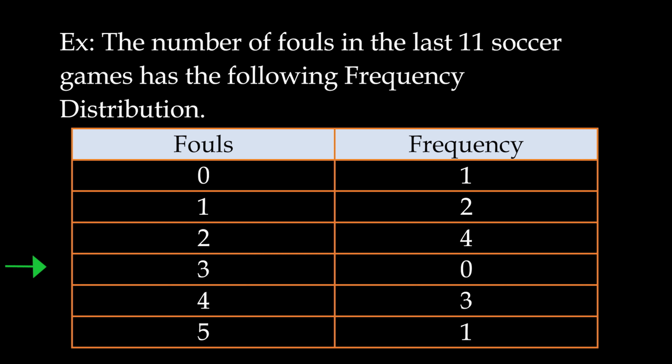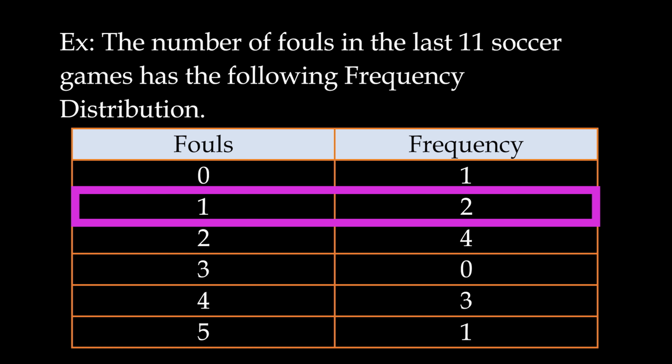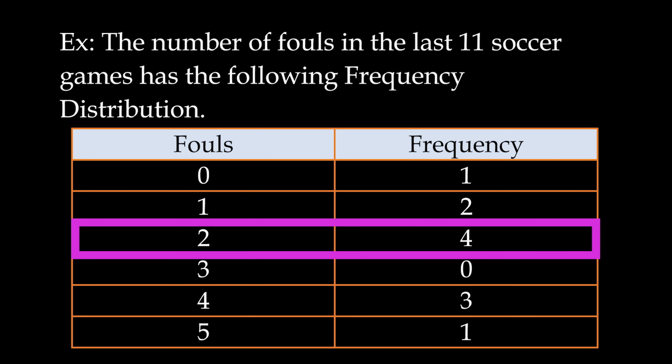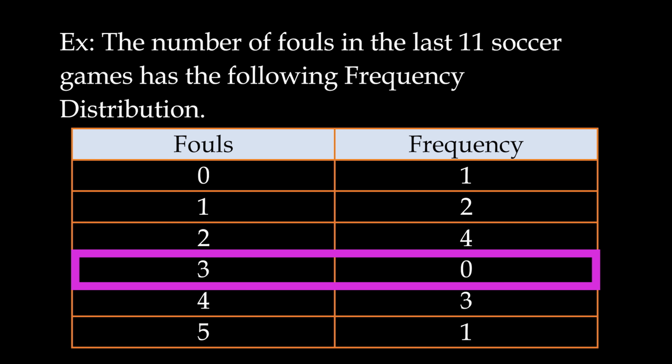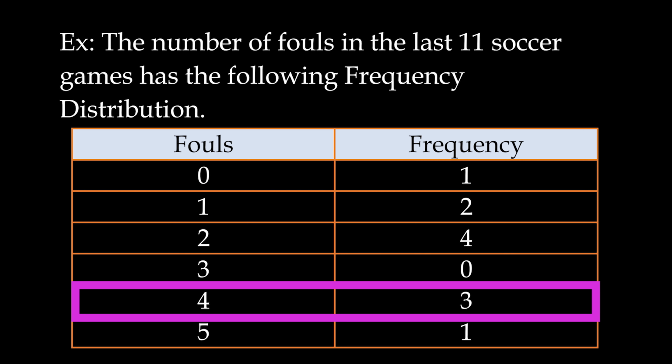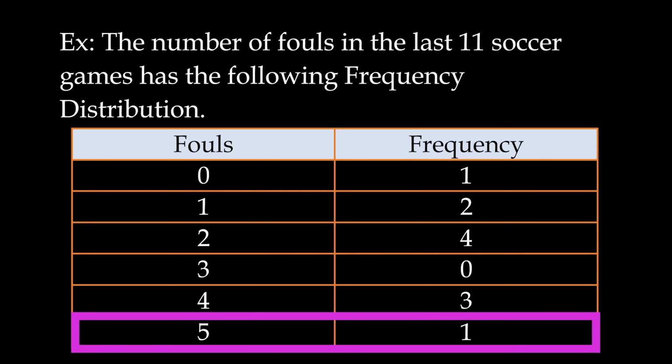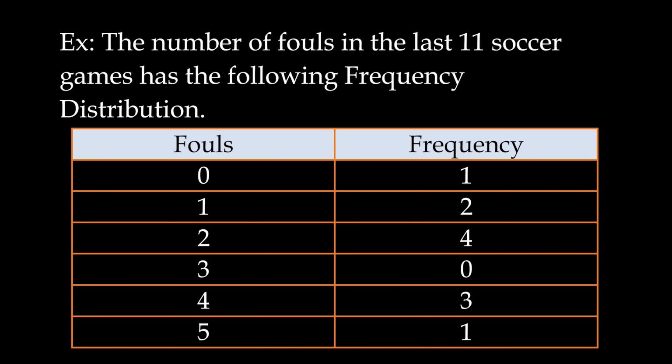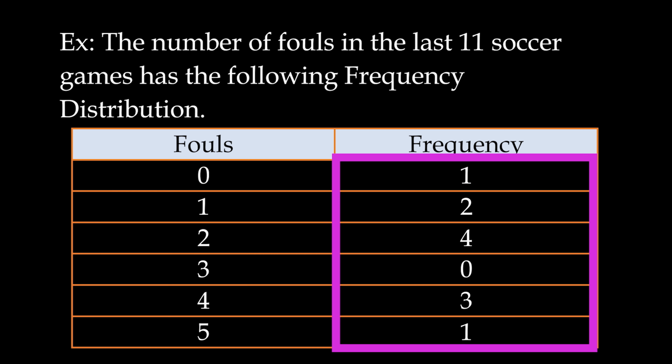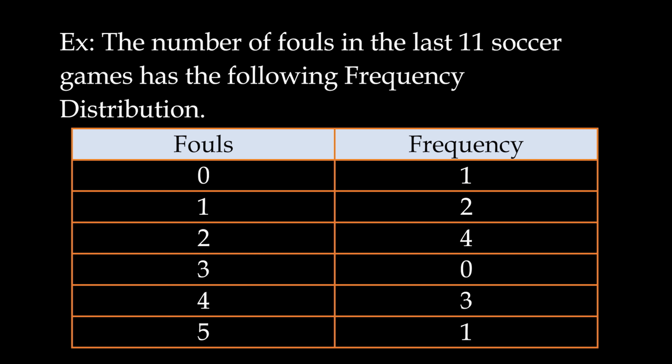If we read the chart, it says that 1 game had 0 fouls, 2 games had 1 foul, 4 games had 2 fouls, 0 games had 3 fouls, 3 games had 4 fouls, and 1 game had 5 fouls. Though the number of games was given in the question, we could also figure it out by adding up the frequencies. This was a discrete quantitative example.